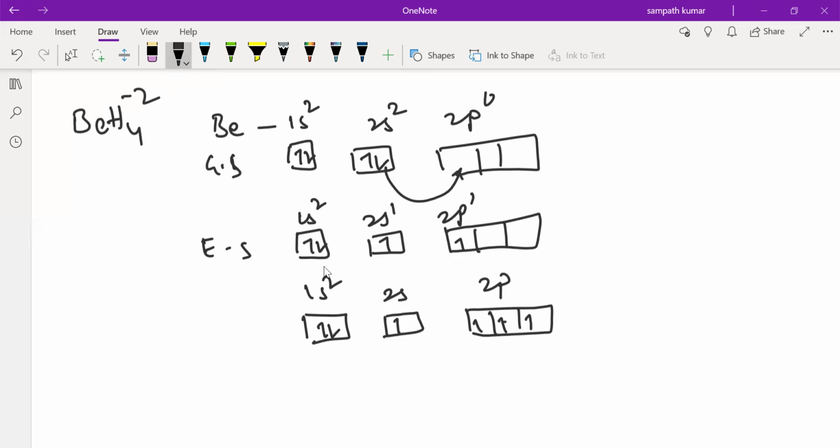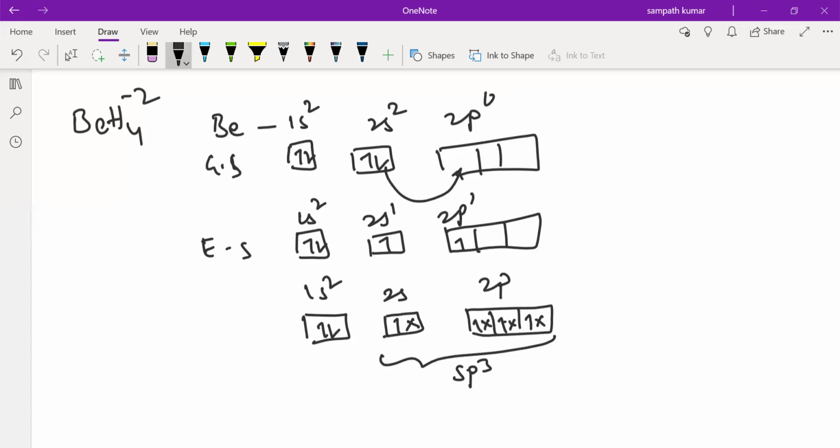Yes or no? There are 4 hydrogens, and every hydrogen donates 1 electron towards these atomic orbitals to form which geometry here?